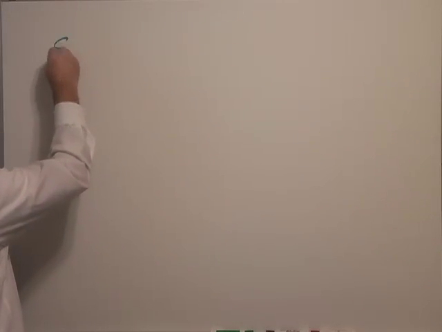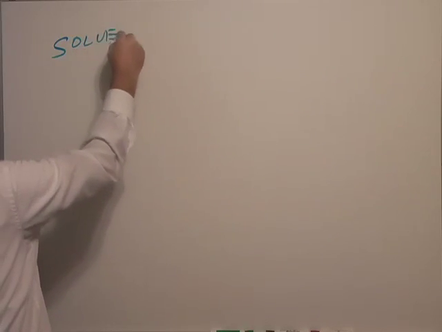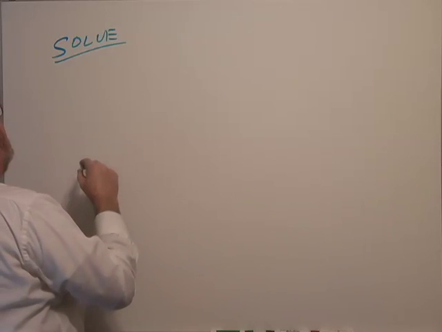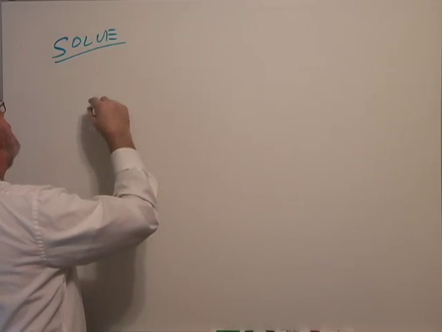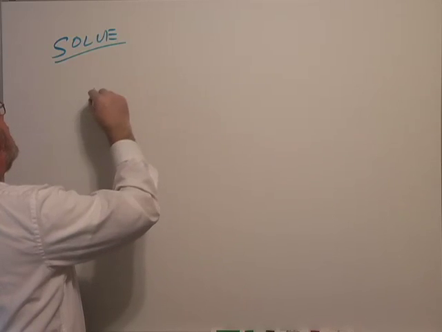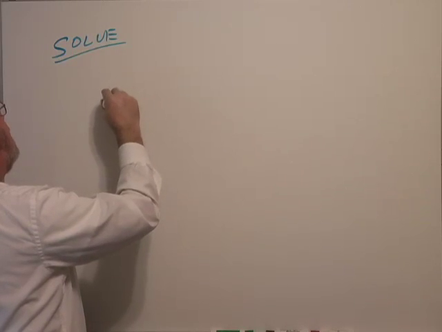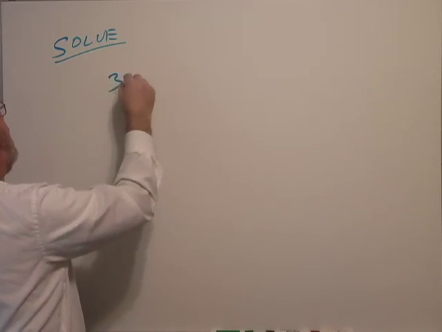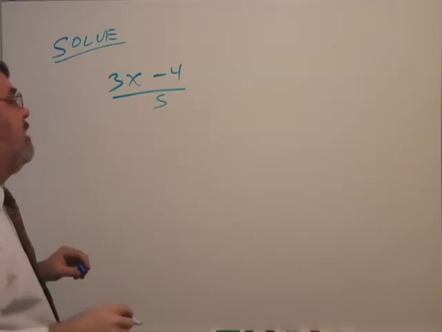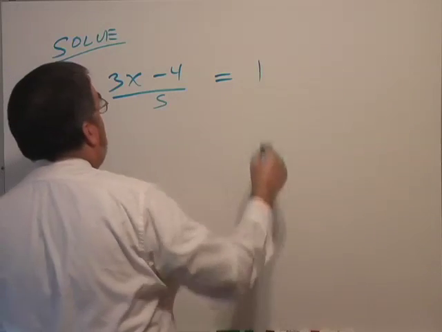Suppose we had to solve, let's see, how about this? How about (3x minus 4) over 5 equals 1.